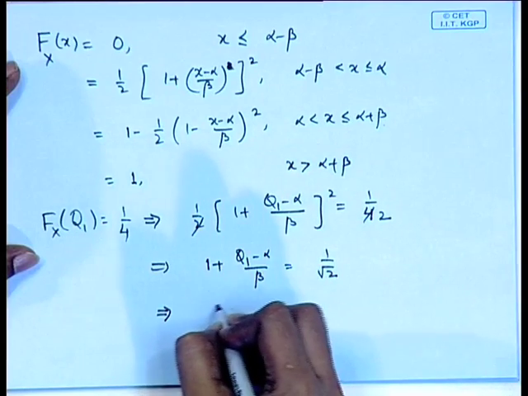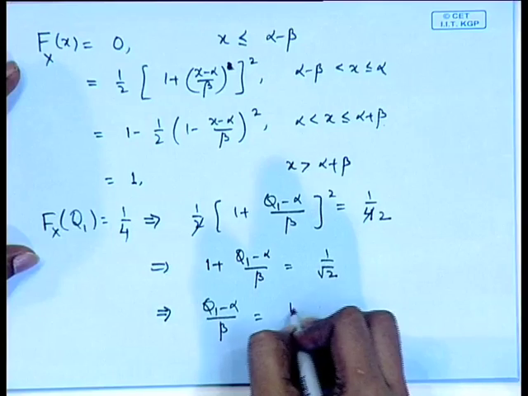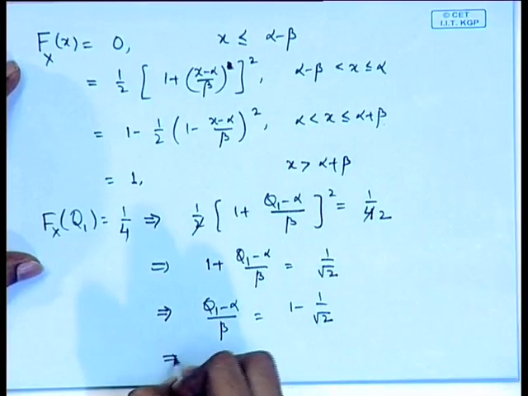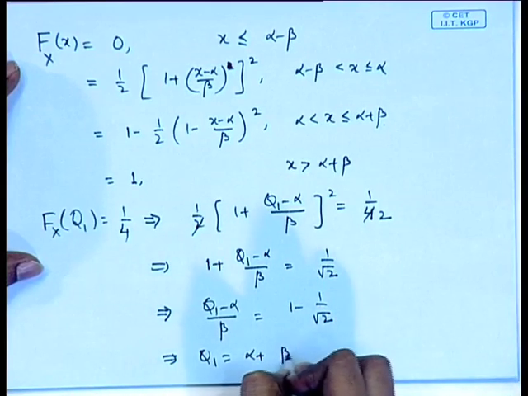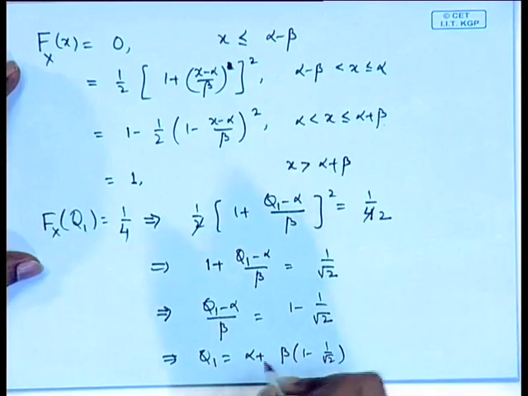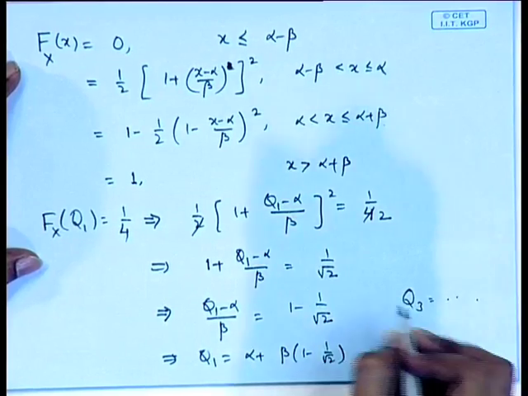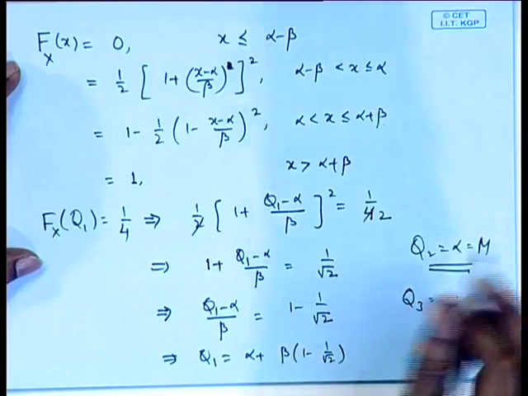That means (q1 minus alpha) by beta is equal to 1 by root 2 minus 1. So, q1 becomes alpha plus beta into (1 by root 2 minus 1). In a similar way, we can calculate q3 also. Q2 is of course alpha, that is the median of this distribution.